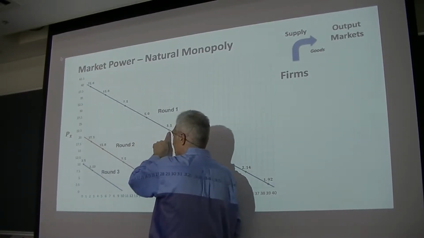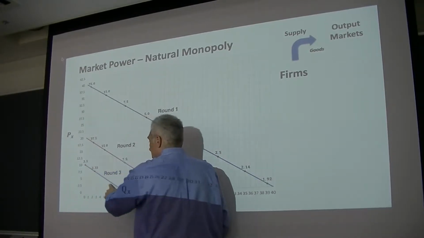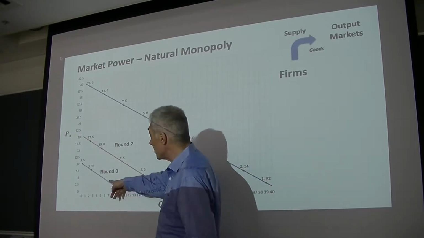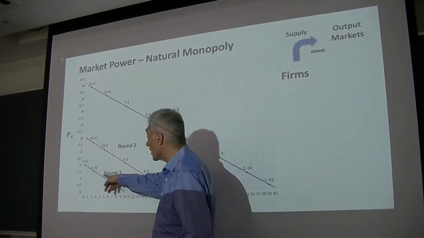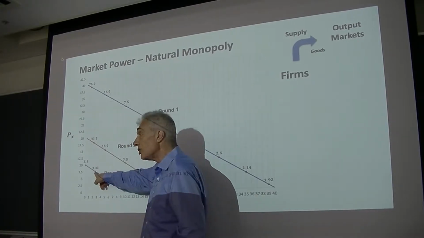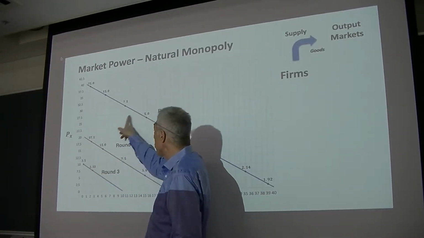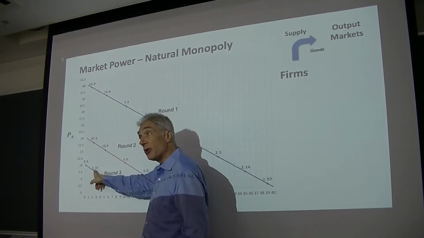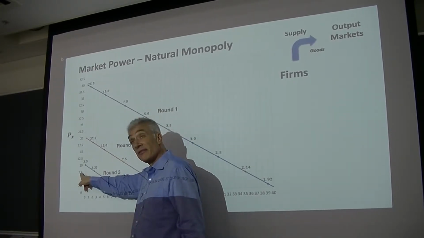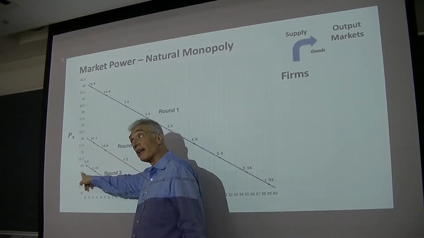It already has 20, but for the additional units, this is the demand curve that it faces. So it sees this demand curve in round 3. If it chooses to produce 2.5 additional units, then its total average cost drops to 3.33. The price is 7.5. So it's earning a profit.